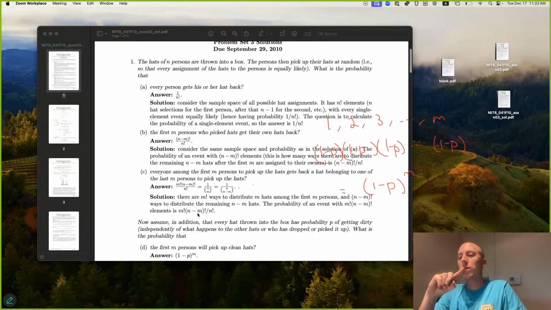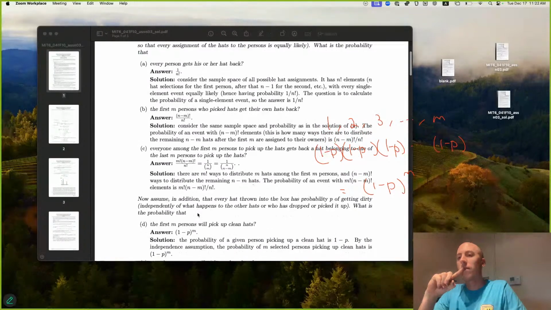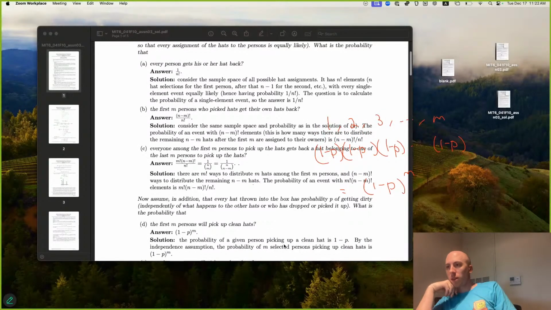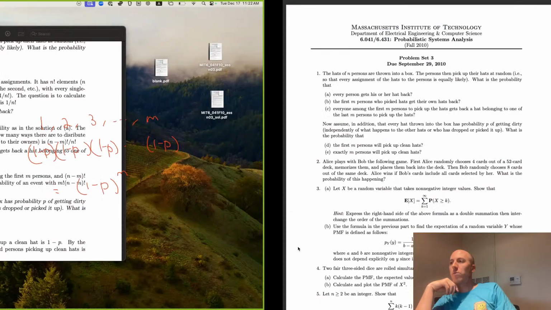Yeah, 1 minus P to the M. Probability of a given person is 1 minus P, independence, probability, yeah, 1 minus P to the M.